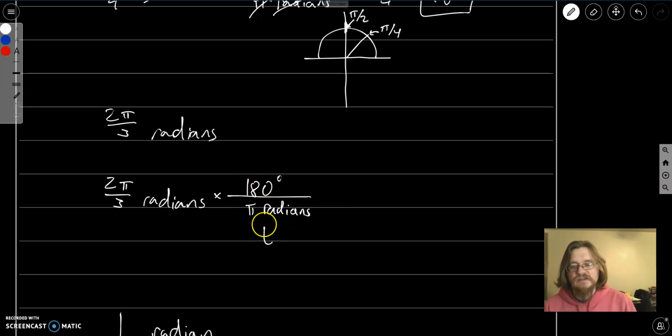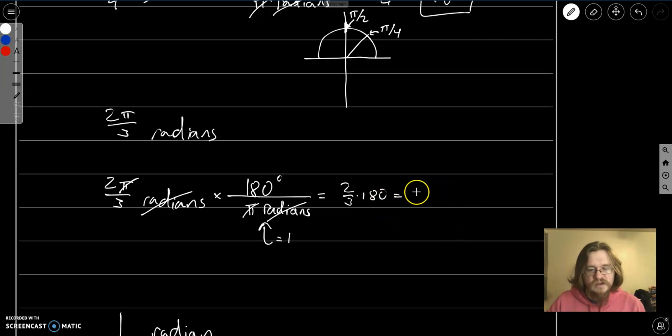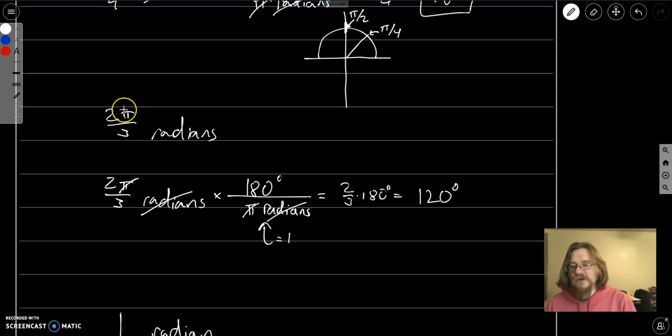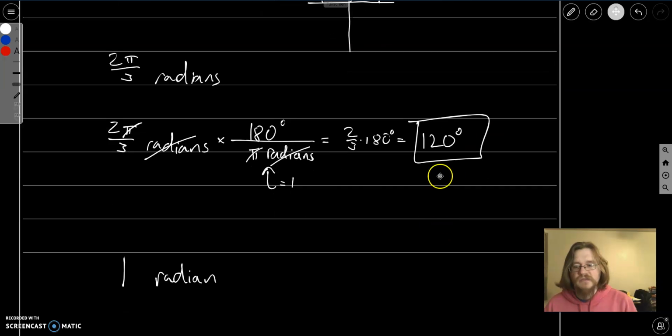So again, this right here is equal to 1, since 180 degrees is the same thing as pi radians. So the radians will cancel. Pi will cancel. So this is going to be 2/3 of 180, which will be, if I can do this in my head, 120 degrees. 1/3 of 180 would be 60, so 2/3 is 120. So 2 pi over 3 radians is the same thing as 120 degrees.